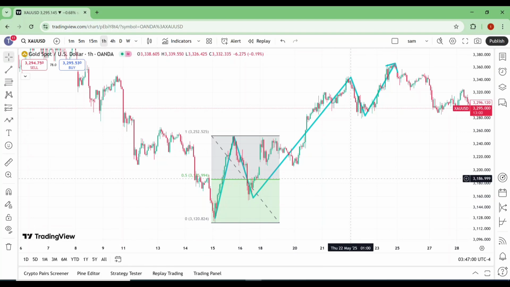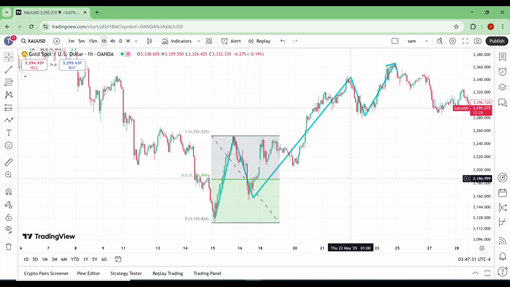The 50% level acts as a midpoint. The area below 50% is called the discount zone. The area above 50% is the premium zone. A smart trader always looks to buy in the discount zone and sell in the premium zone.